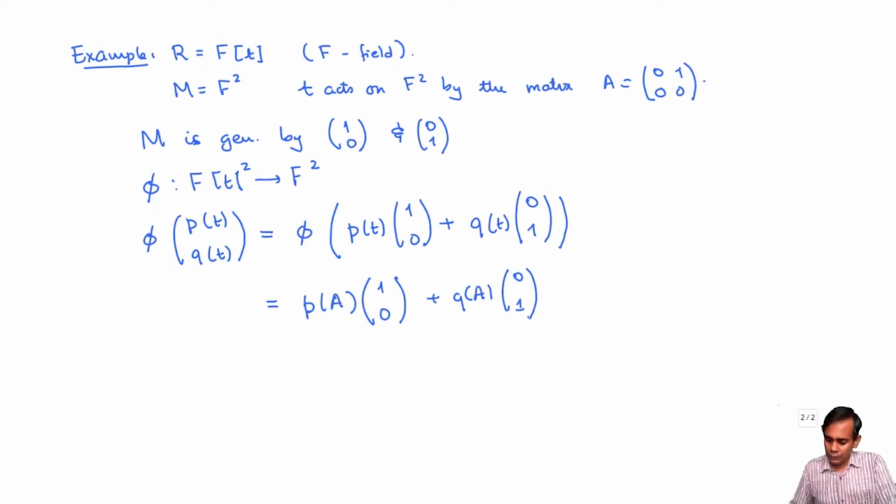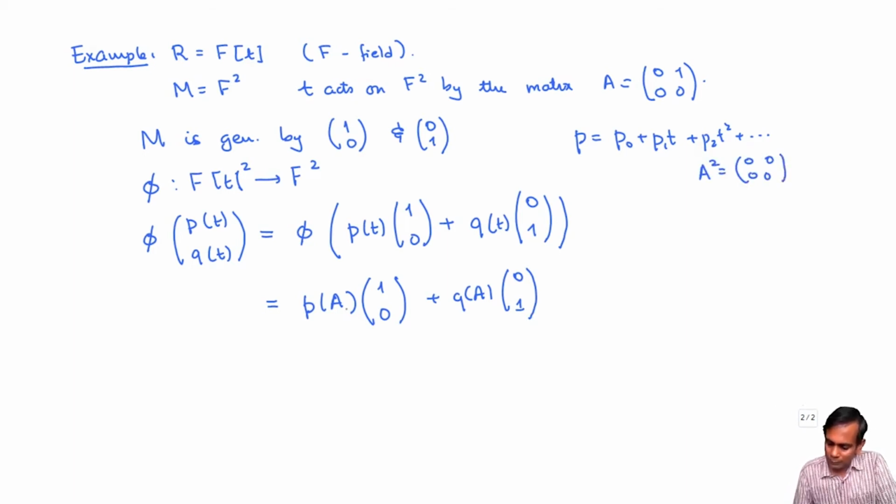Okay, now let's say this polynomial p is of the form p0 plus p1 T plus p2 T squared plus dot dot dot. Now note that A squared is actually the matrix 0, 0, 0, 0.